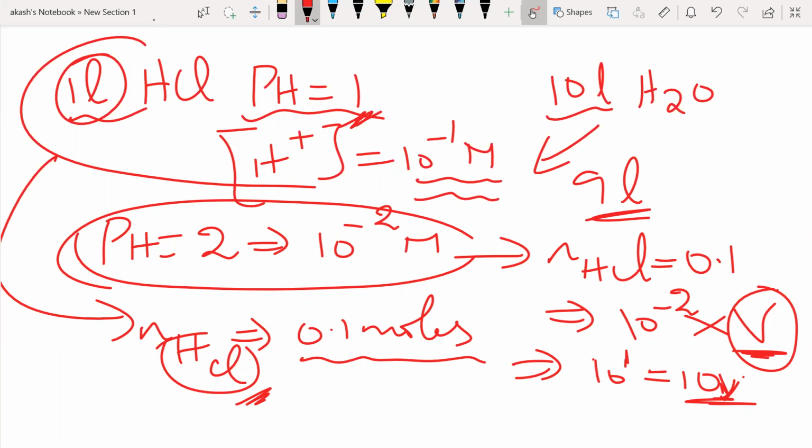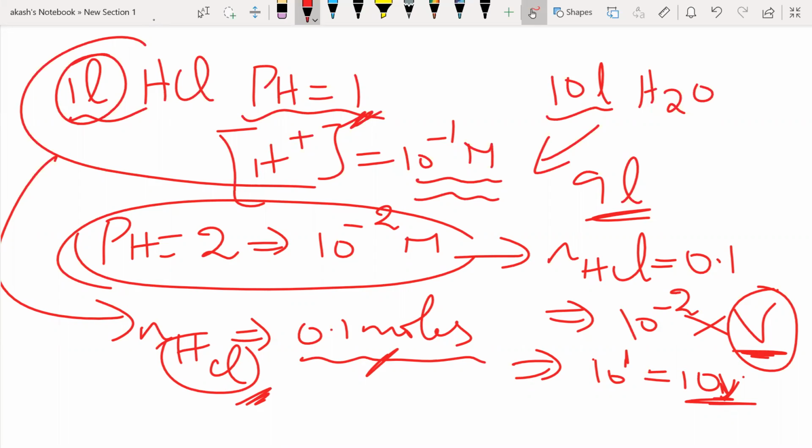So this is a pretty simple problem. I hope everybody understood. I calculated the number of moles of HCl present in the very first solution, and that number of moles is not going to change because you're just adding more water rather than removing HCl. If you did that, yes, the number of moles would have changed, but you're just adding more and more water.